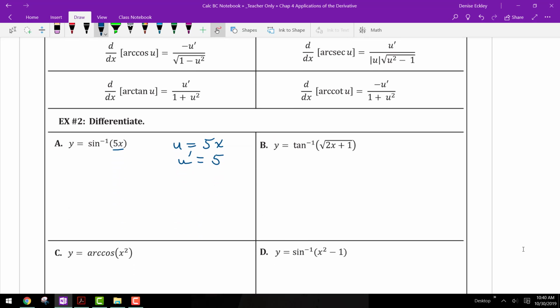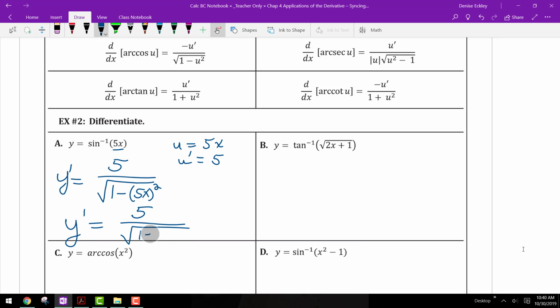So y prime is going to equal our u prime, which is 5, over the square root of 1 minus u squared. So 5x squared. So simplifying, we get y prime equals 5 over the square root of 1 minus 25x squared.